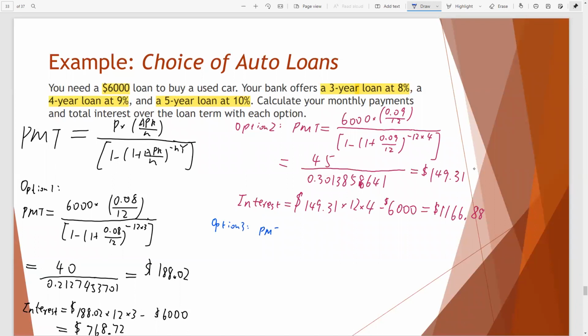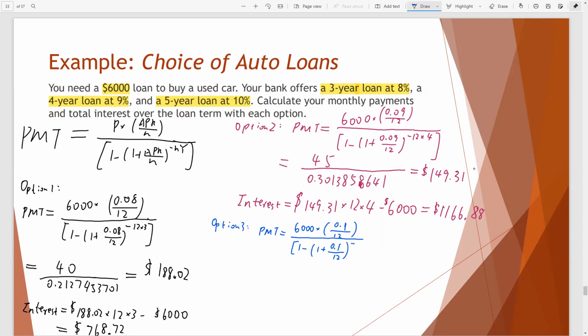And the third option, we have still the same formula, but that is 10% and 5 years, right? The longer term you have, the higher interest rate you're gonna get, right? Because the bank lends you money longer, they'll have larger interest.